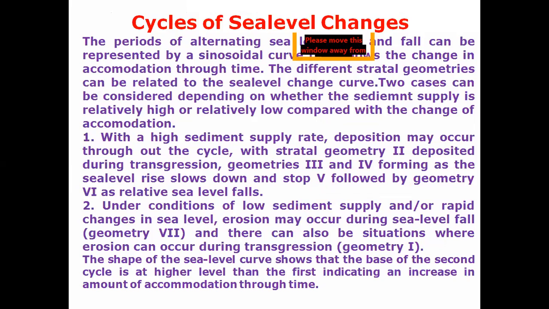Now the cycles of sea level changes. So you see, sea level fall and rise is related with the climatic change and the temperature of the surface of the earth. Whenever sea level is rising, if you consider eustatic sea level, it is mostly due to the melting of ice in the polar region, and the volume of water increases, and as a result, sea level rises.